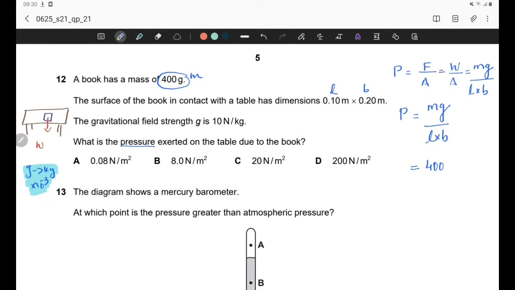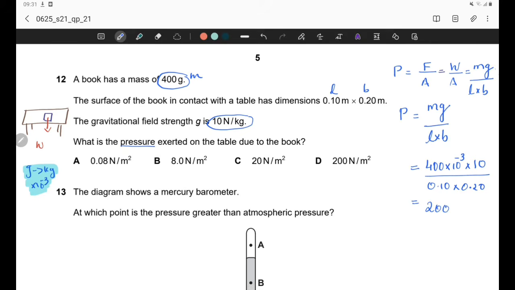So the mass, which is 400 gram, I am multiplying with 10 to the power minus 3. Now this is in kilogram, times g value given as 10, over length 0.10 times breadth 0.20. We can substitute the values, do the calculation, and we will get 200.